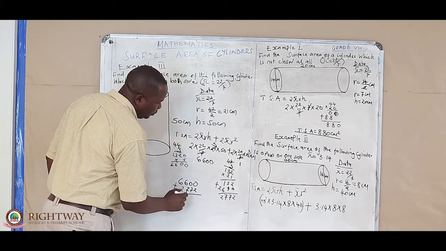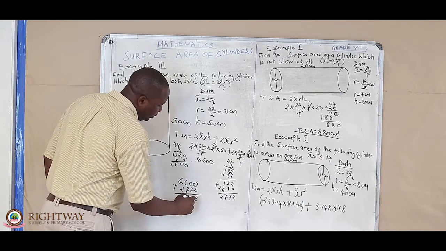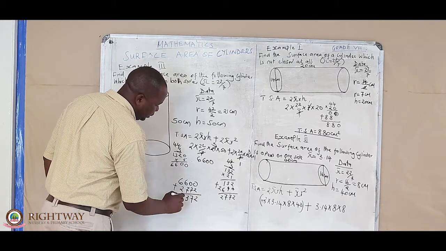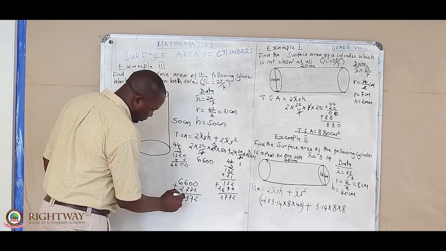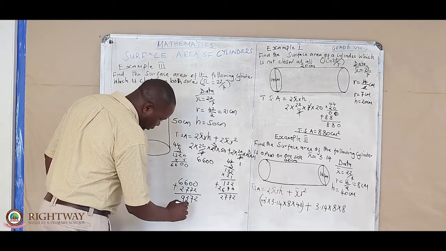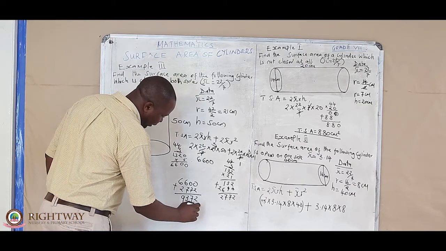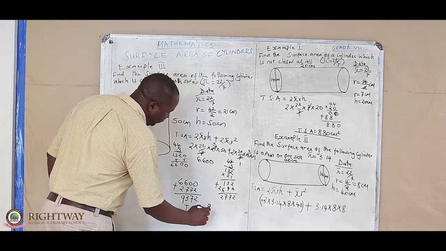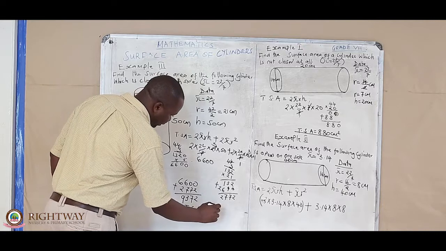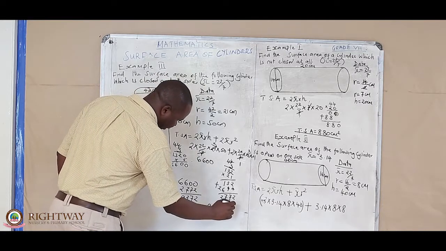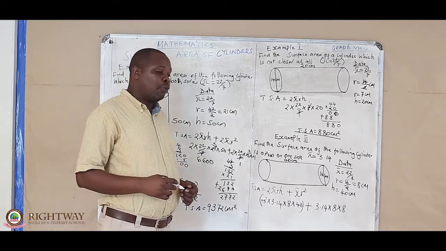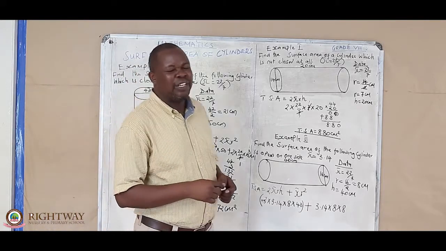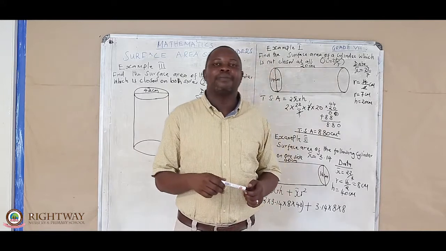This gives us 2, 7, 13, 9. So the total surface area becomes 9,372 centimeters squared. That is a cylinder which is closed on both sides, sorry.